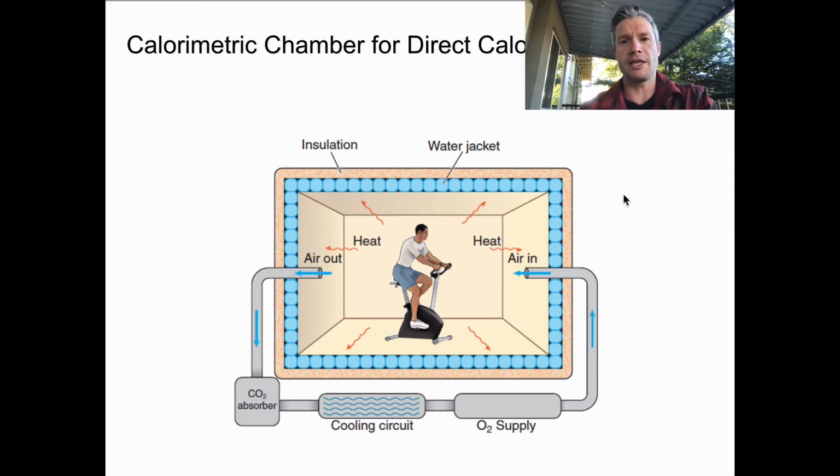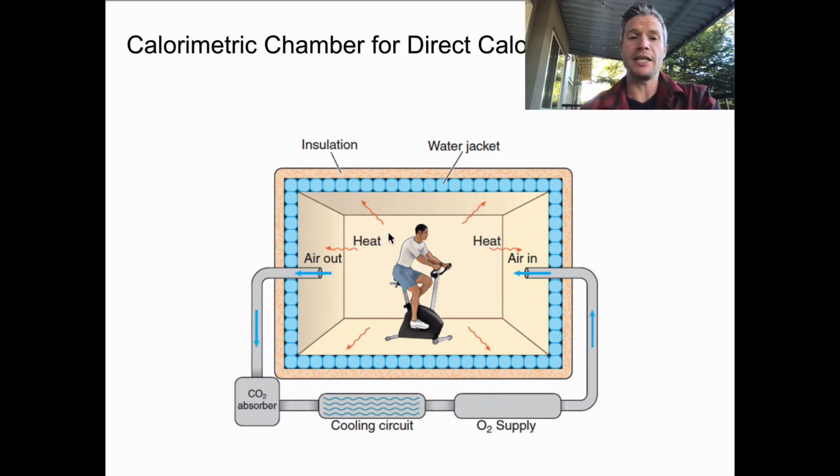Now the great thing about this is, for example, the heat given off by the person exercising here, as well as the air breathed in or the carbon dioxide breathed out by this person while they're exercising, is completely contained within the system. And we have this insulated with water, and through that water, what we can do is measure a change in temperature.